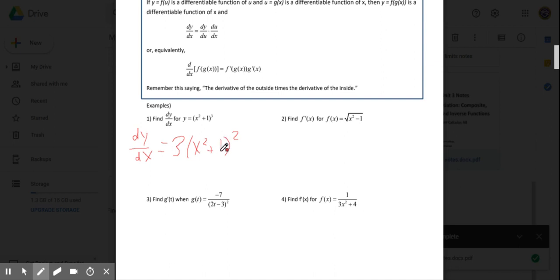Then we multiply that by the derivative of the inside, which would just be 2x. Simplifying, since this is multiplication, 6x times x squared plus 1 squared. And that is our derivative using the chain rule for number 1.